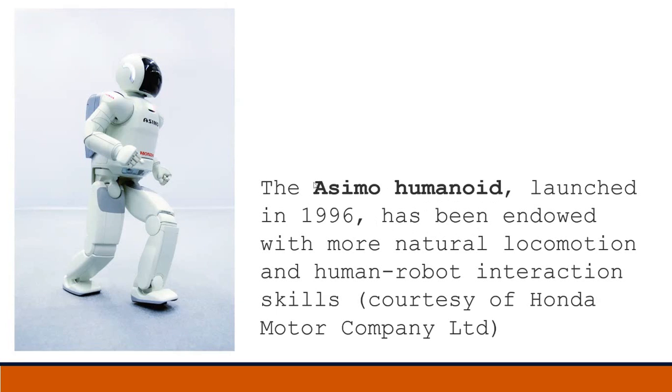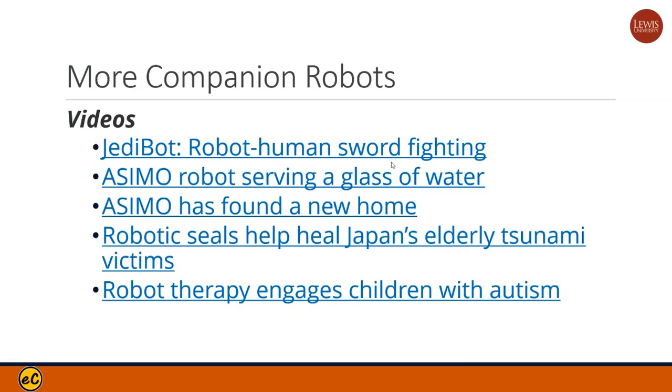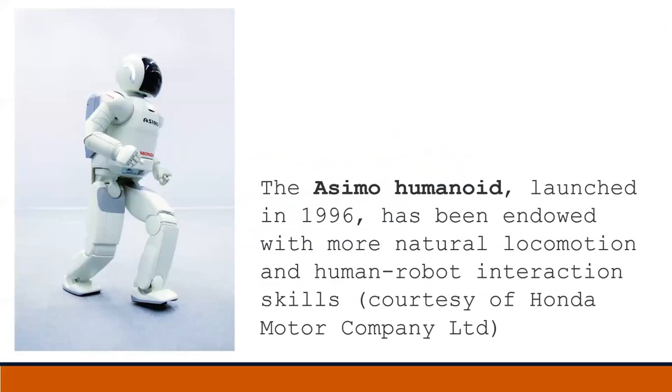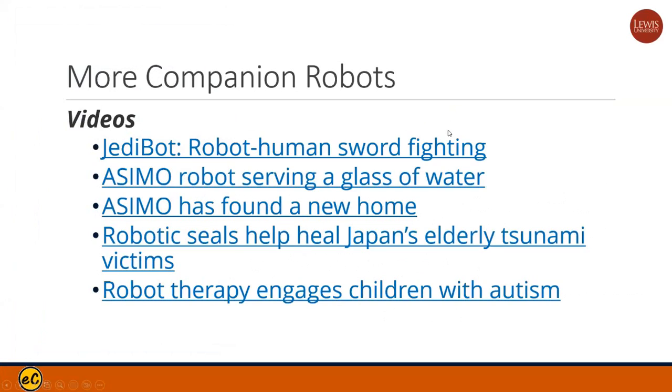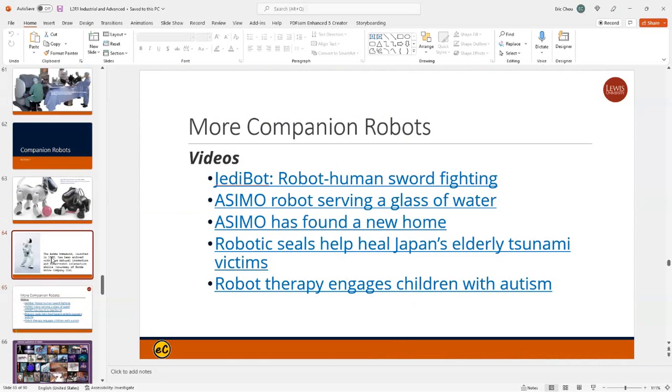Asimo and Boston Dynamics, these two companies are very interesting. They keep inventing different new robots, even though they haven't found the application.